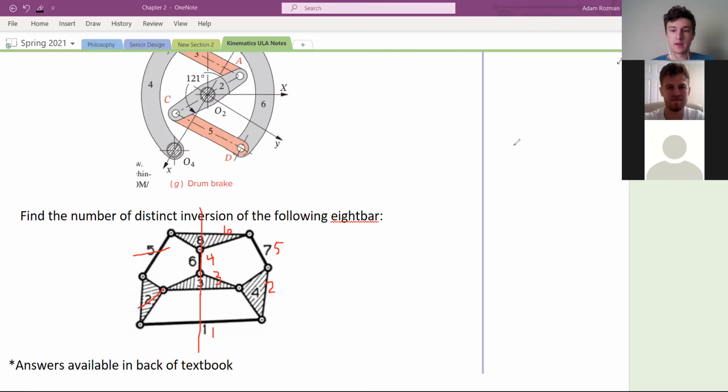Okay, so if you want to look at some more of those, there's a table of all the different 8 bar configurations in the textbook. You can just look at those again, but once you know what you're looking at, it shouldn't be too difficult. Actually, I do have a quick question on this one.